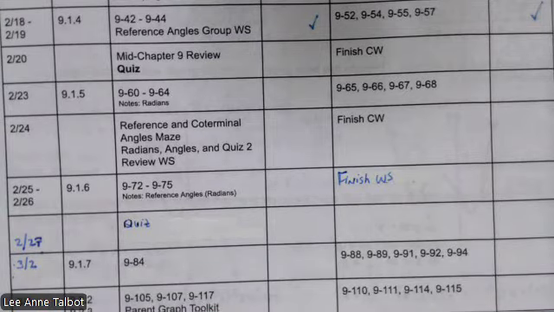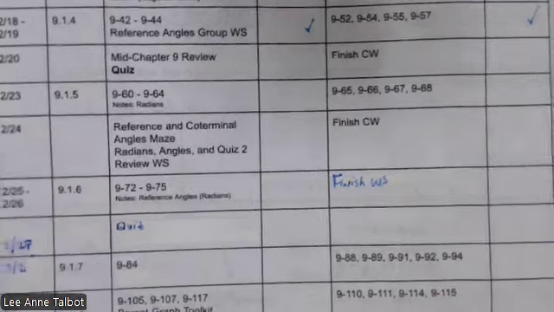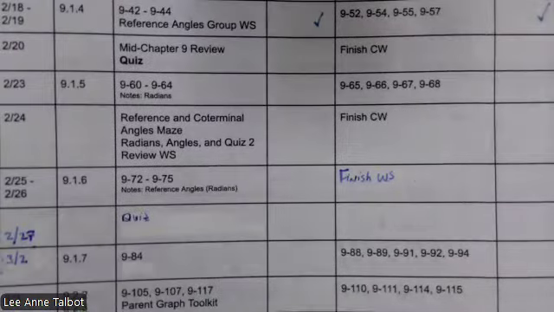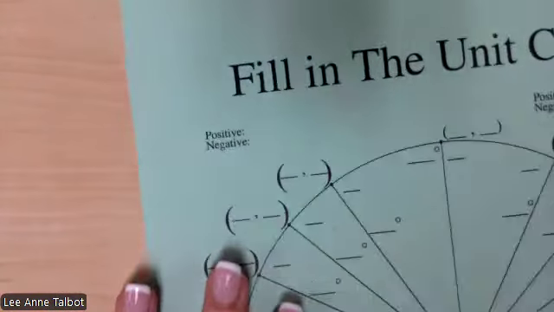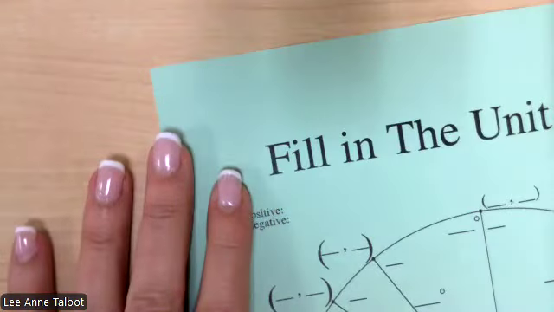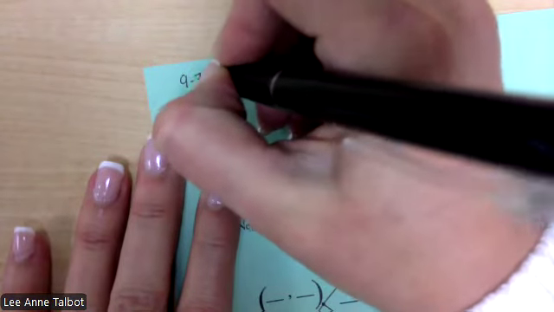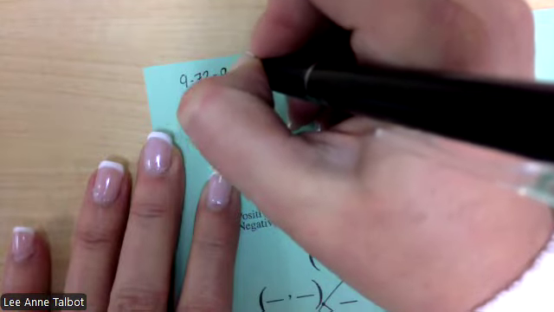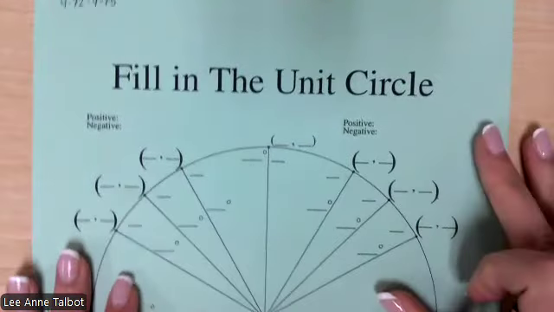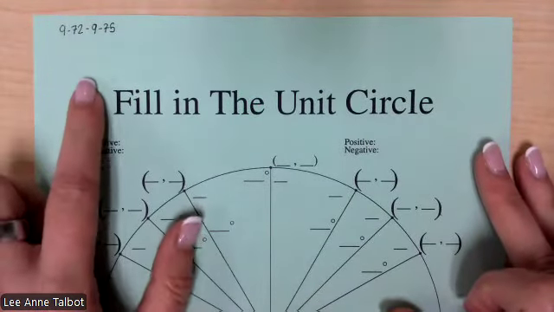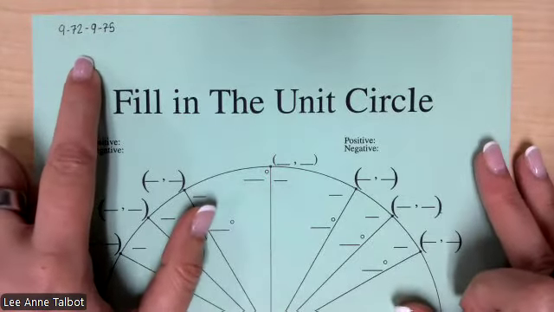Okay, here's a fun thing. The 72 to 75 is not in your notebook. So if you guys could get a green page and label it up here just so that you know.